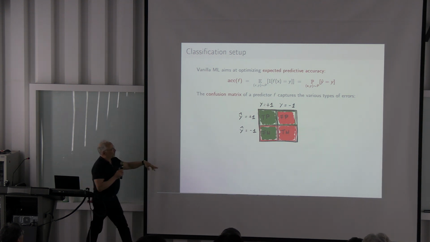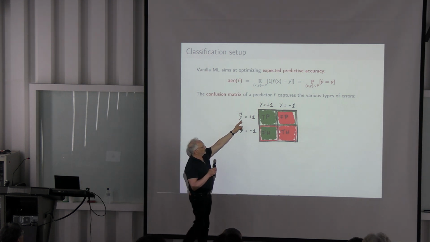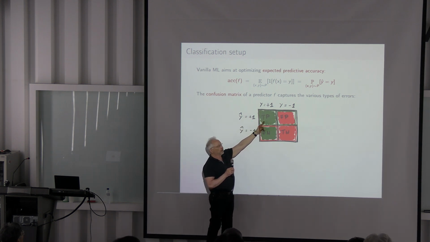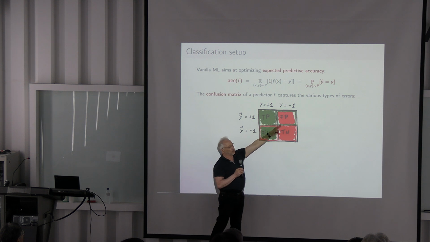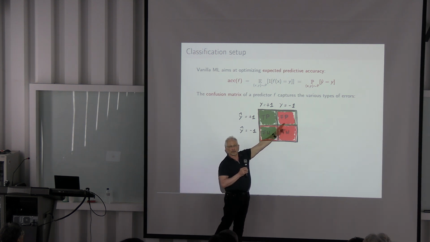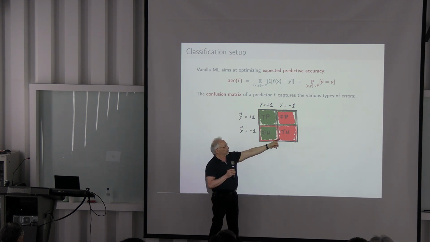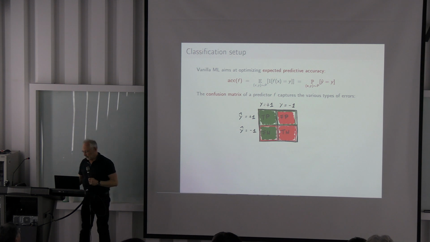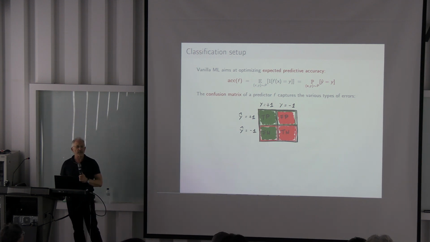The true positives: you see here, I predicted that the label is 1 and the label is indeed 1, so that's true positive. Here I predicted the label is 1, but the label was -1, so it's false positive. This is false negative and true negative. That's all very basic. And based on this, we're going to try to define fairness.